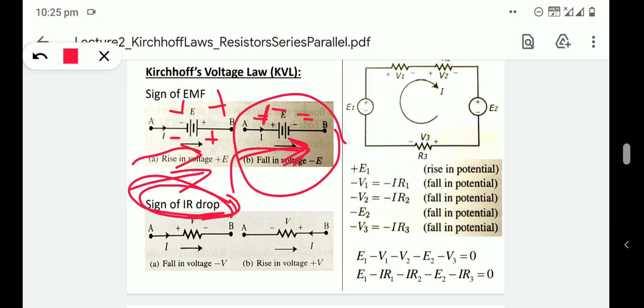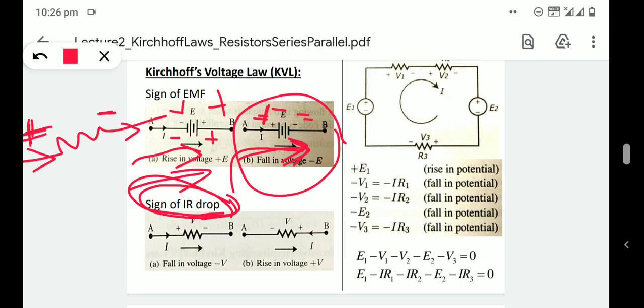Here, this is the plus and this is the minus. How can we fix the plus and minus for a resistance? If it is a resistance and current is flowing in this direction, then the current entering terminal of a resistor should be treated as positive and the current leaving terminal should be treated as negative.